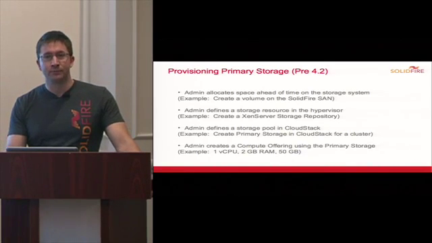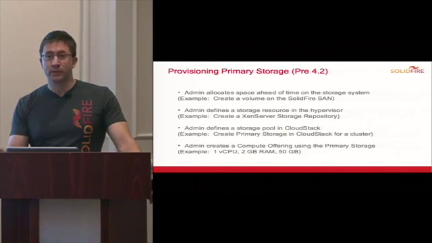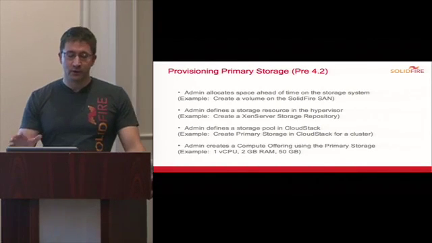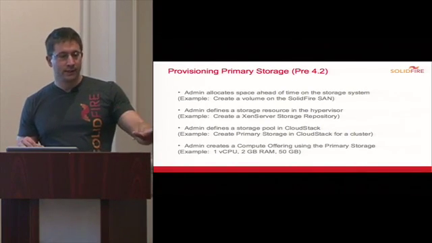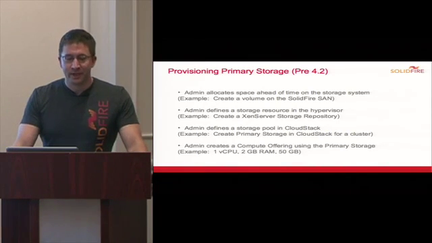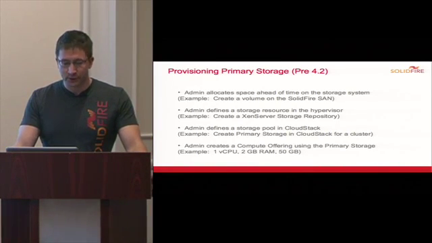If it's Xen server, this is when you go and consume that iSCSI target as a storage repository, which is basically creating a clustered file system on the LUN and preparing it for your virtual disk images. So now you've gone from SolidFire over to Xen Center, and now you're finally able to come into CloudStack and consume it as primary storage.